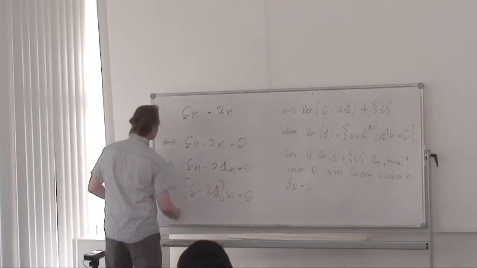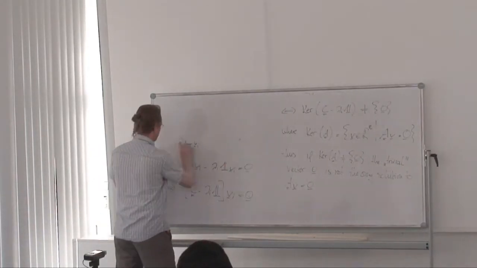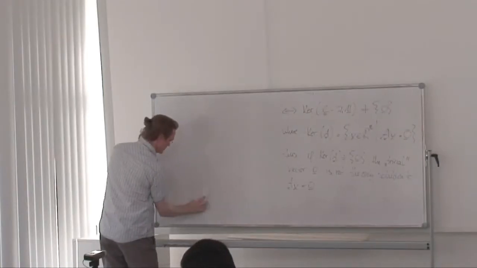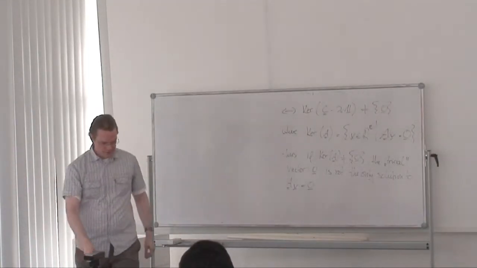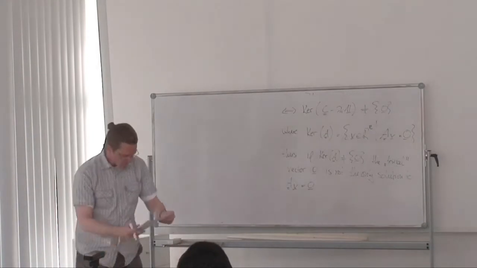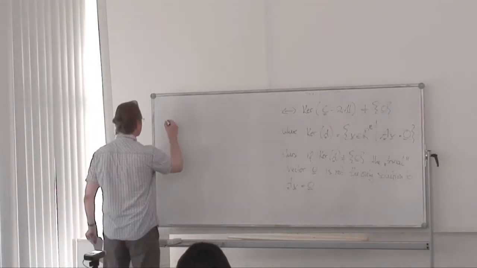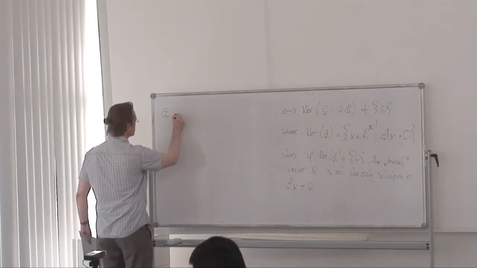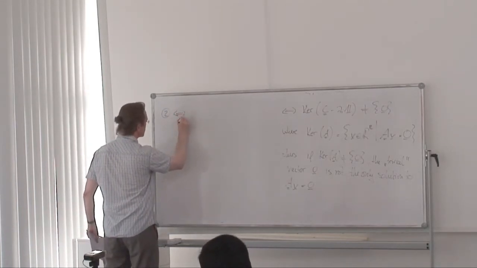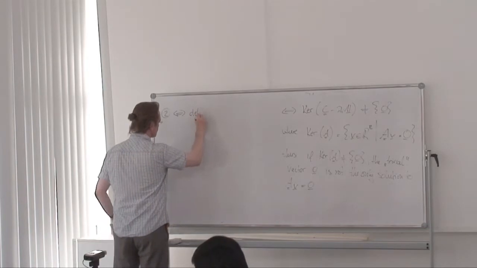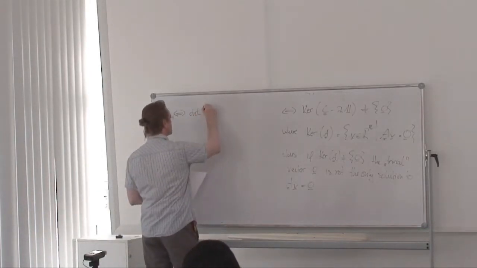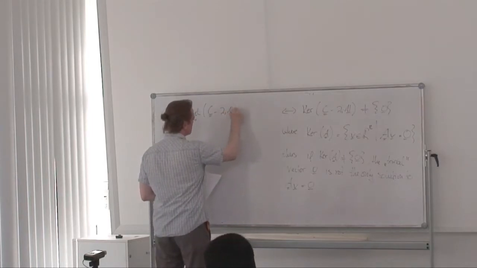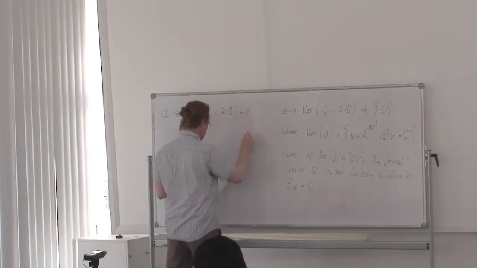And having discussed this, we can therefore say that equation 2, which I have just erased, is equivalent to saying that the determinant of this matrix C minus lambda I times the unit matrix is 0.